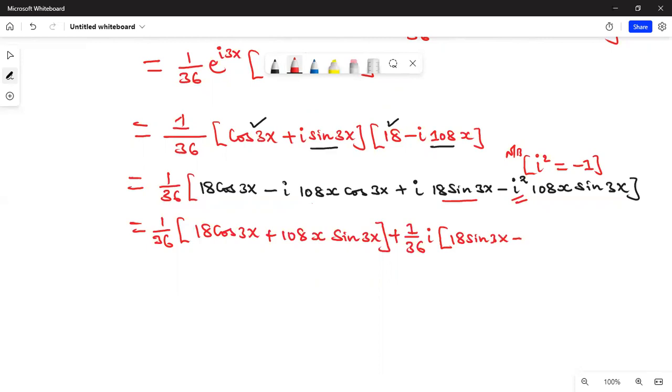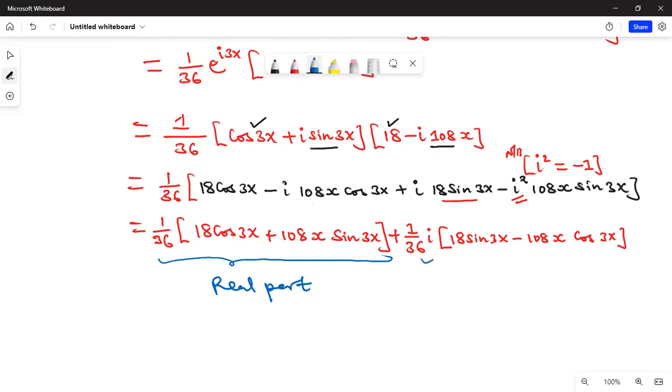The other one is minus 108x cos 3x. So we said our yp of x is the real part of this result that we have found here. Let me just comment here and say this is the real part of our solution. This other side is the imaginary part.